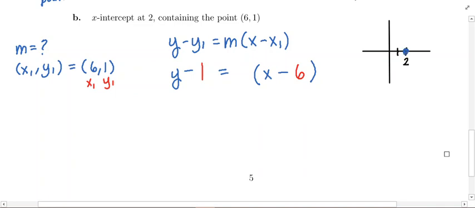So this point would be your x-intercept. Since the line has such an x-intercept, that means that our line is going to go through this point, and this point has coordinates (2, 0).